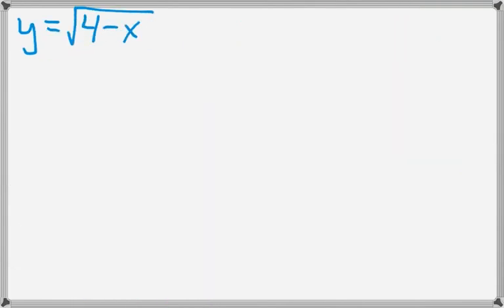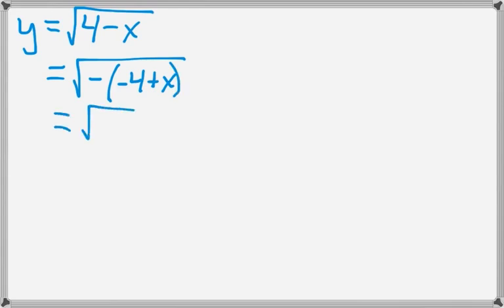Let's do one more example here. So similarly here, if we factor out a negative 1, that changes the sign of both terms, and I'm going to write them in the opposite order then.